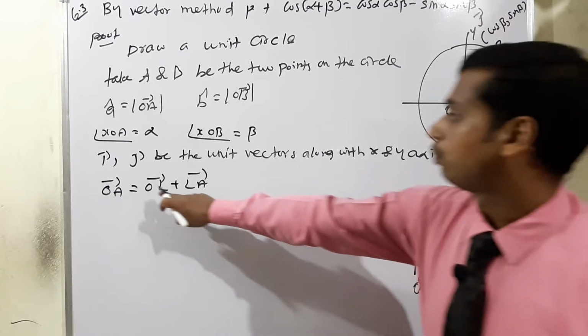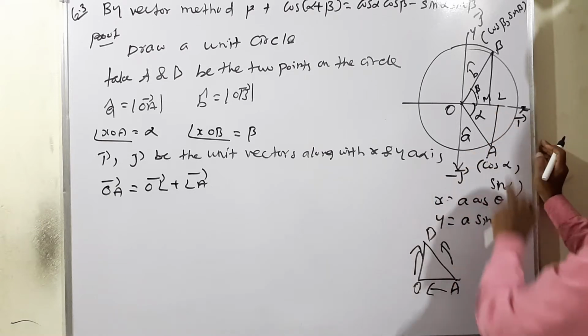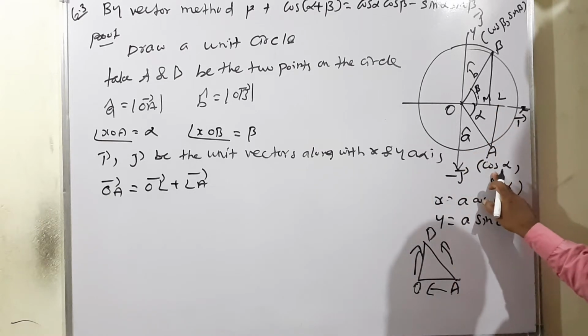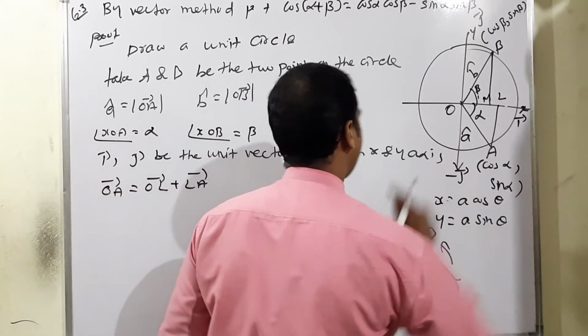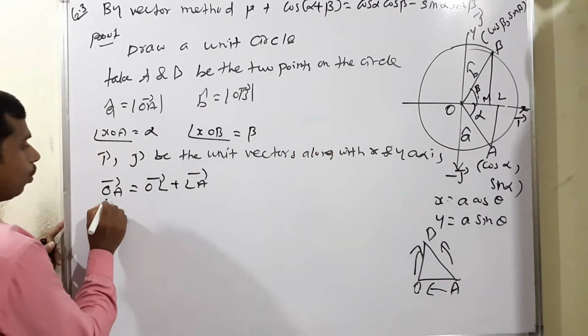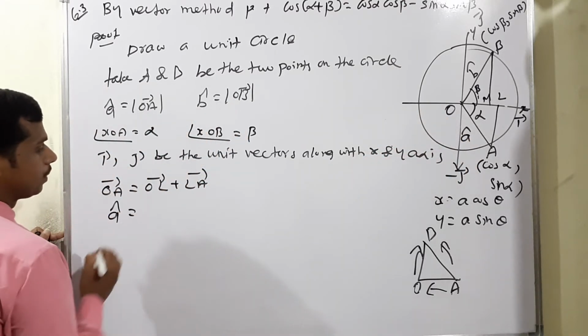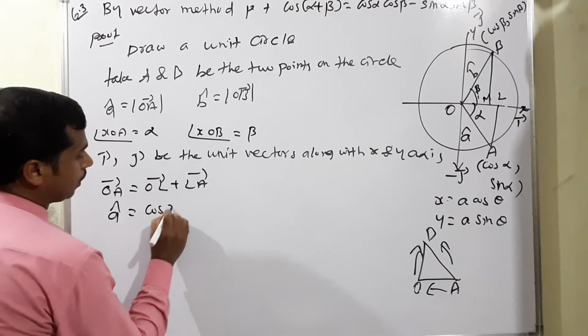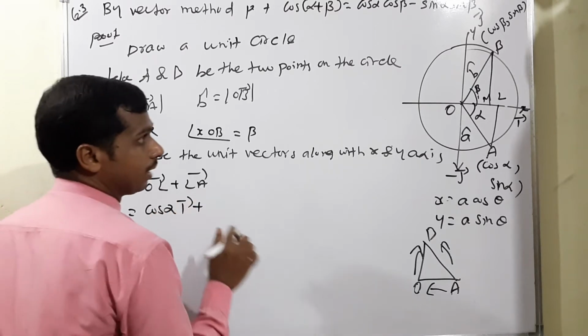What is the OL vector? The OL vector is along the x-axis, so its value is cos alpha, and for the vector we consider the i vector. So A cap is equal to cos alpha i vector plus LA.